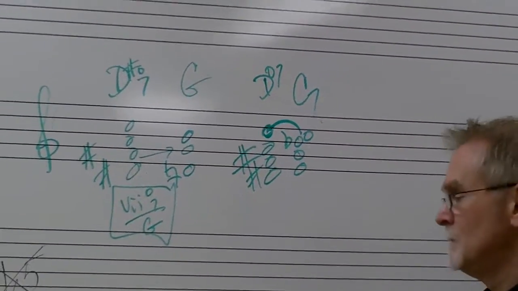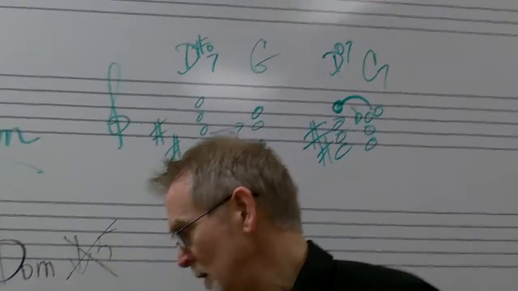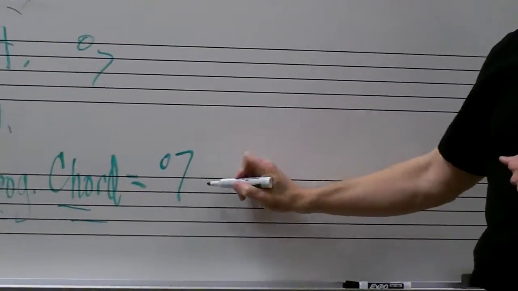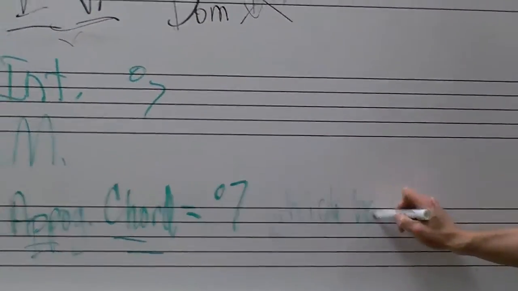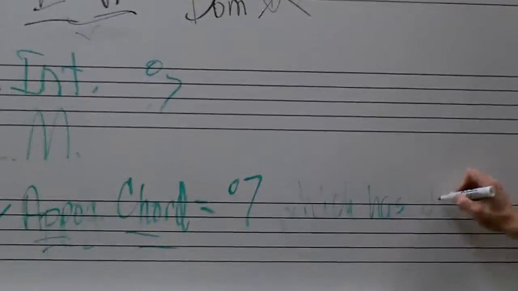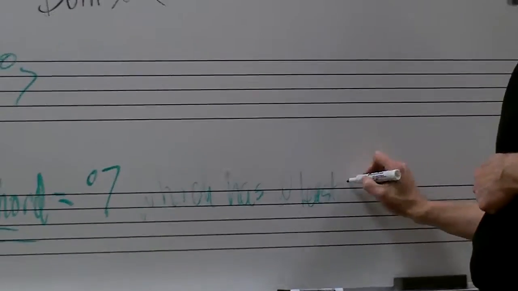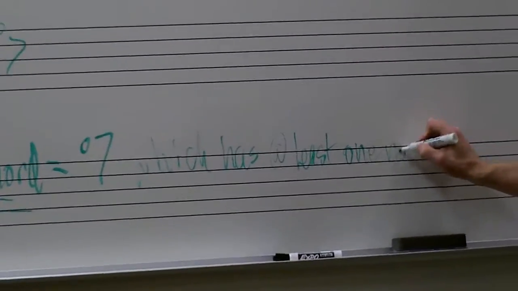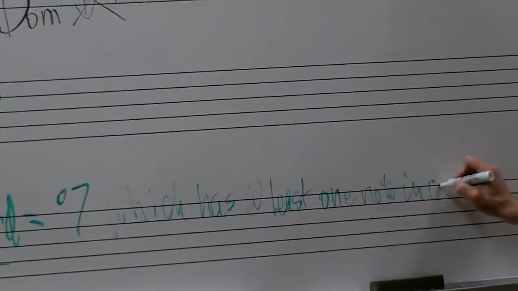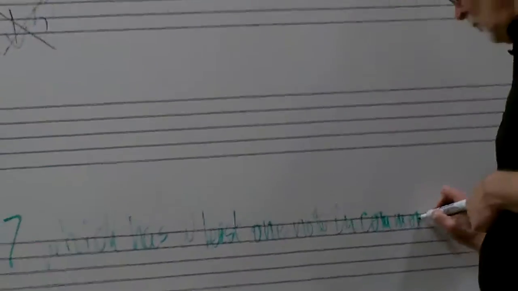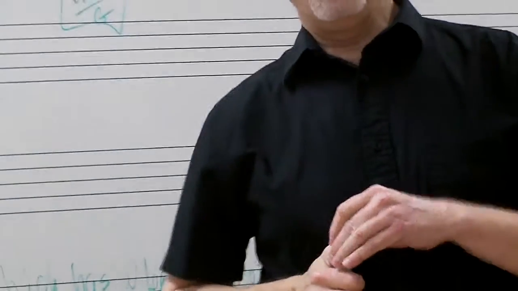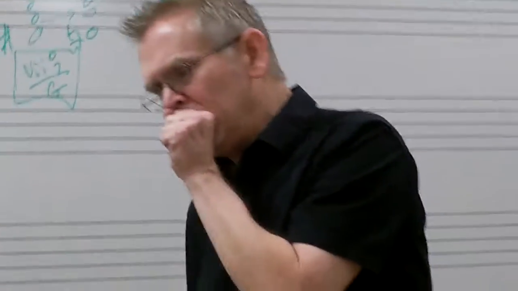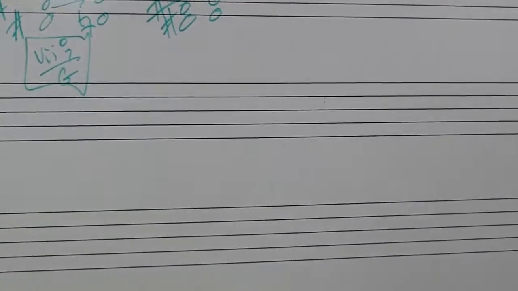So an appoggiatura chord is a fully diminished seventh chord which has at least one note in common with the subsequent chord.